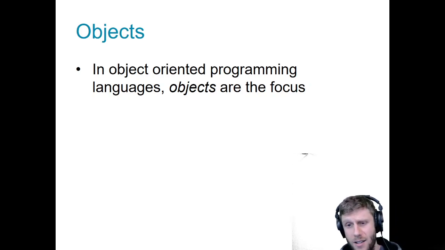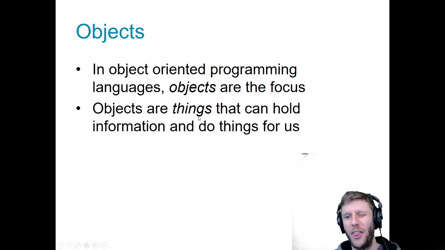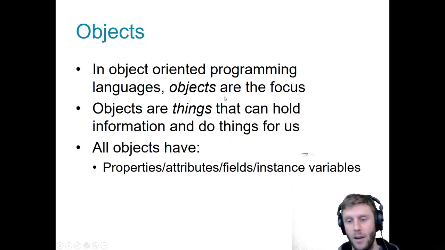Just like a lot of other stuff in this course, this is best learned by seeing and doing. So we're going to be doing that, but there is going to be a lot of pre-terminology that we will see. Objects are things that can hold information and do things for us. All objects have properties, attributes, fields, instance variables.